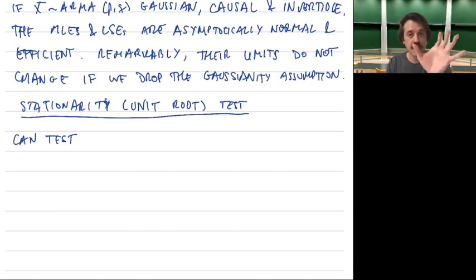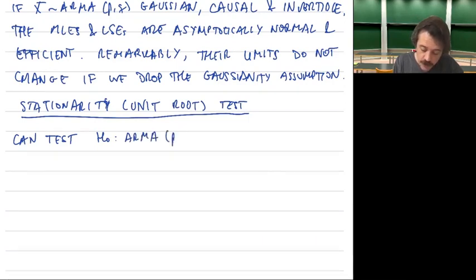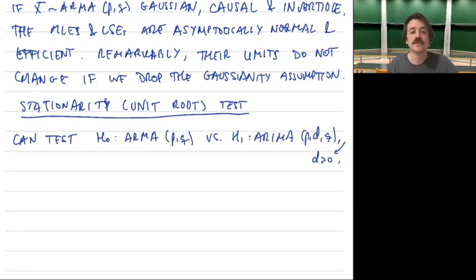So the null model is going to be an ARMA process. It cannot be anything else within the ARIMA framework, and it's got to be versus an ARIMA with parameter d strictly greater than 0.